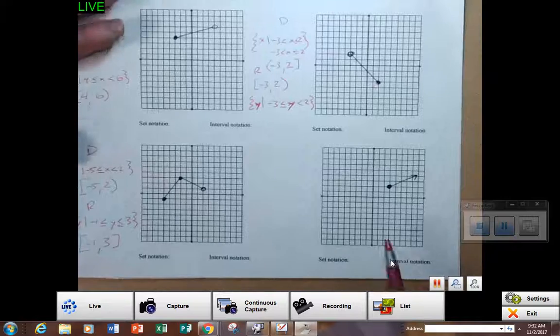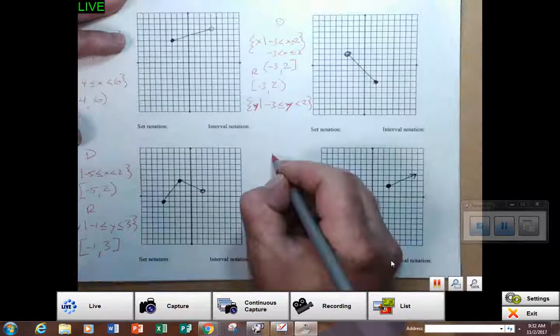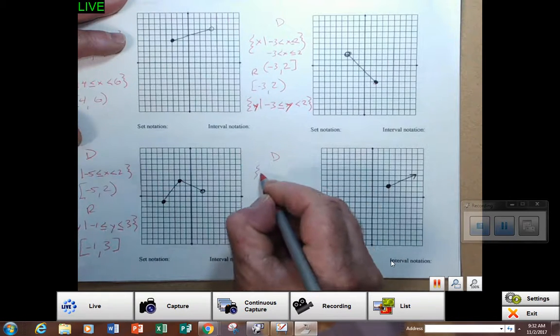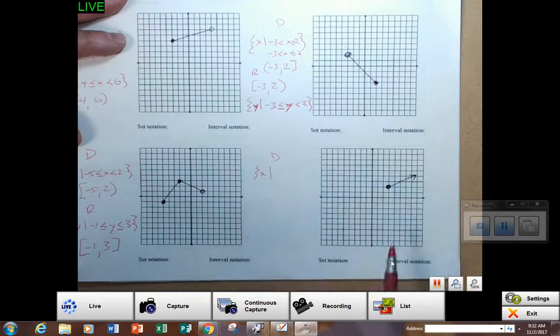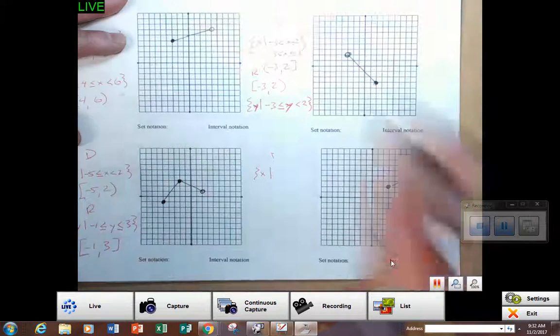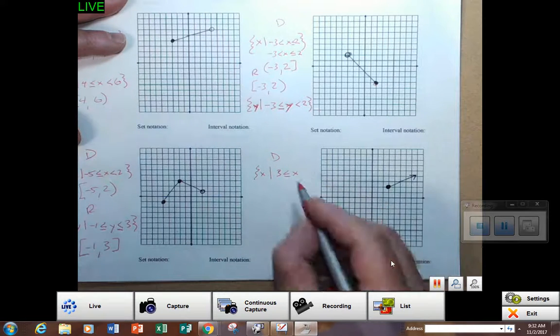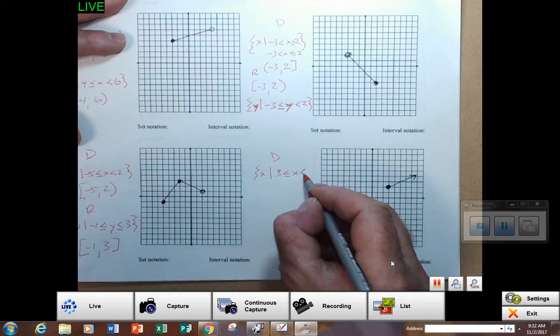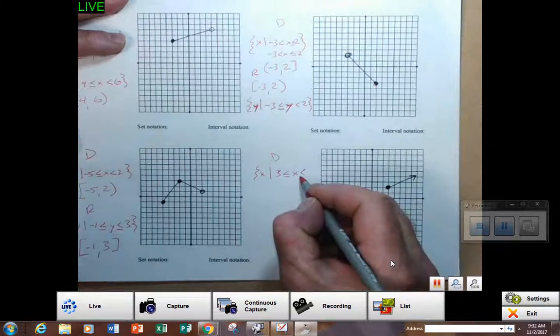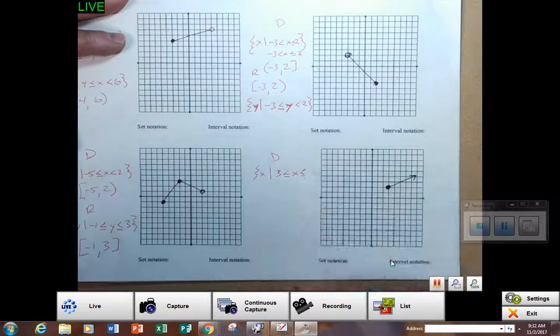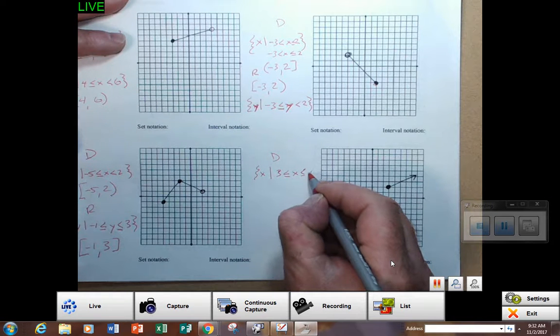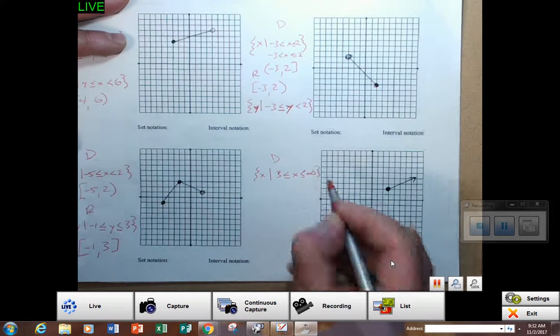Alright, infinity arrows, here we go. So my domain goes from x, from 3 on the x-axis is my left boundary, less than or equal to, but my right boundary is going to be infinity because that is going off to the right.